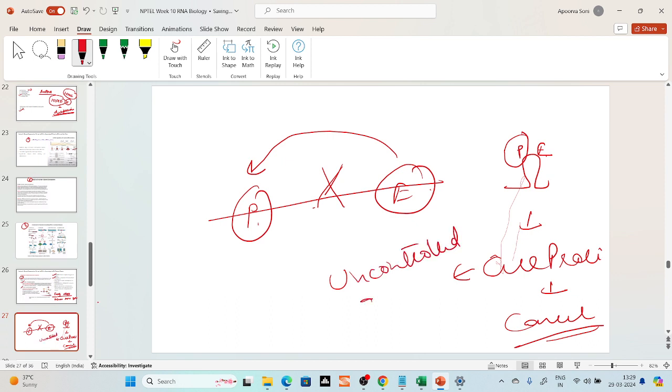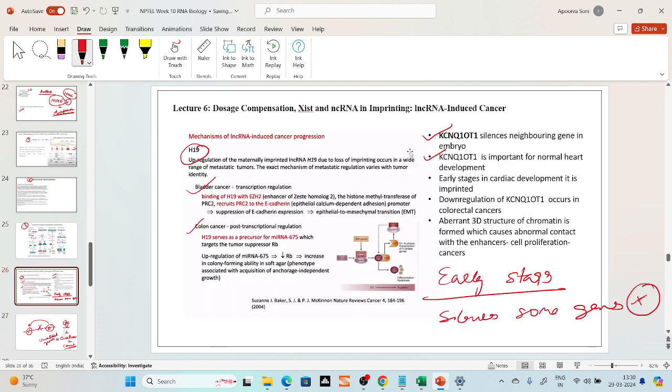So you can see that just one long non-coding RNA, KCNQ1OT1, can create such a devastating difference. If KCNQ1OT1 is down-regulated, then it will not silence the genes.